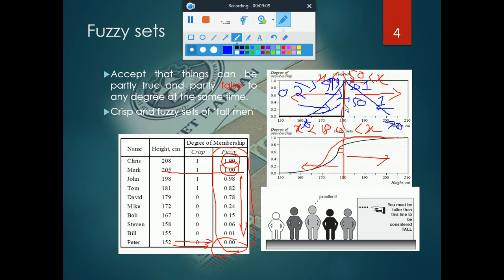From 30 miles per hour, the car is slow, and its speed is gradually increasing, and if it is more than 70, we can say that the speed of the vehicle or the car is very high, and it has to apply the brakes.